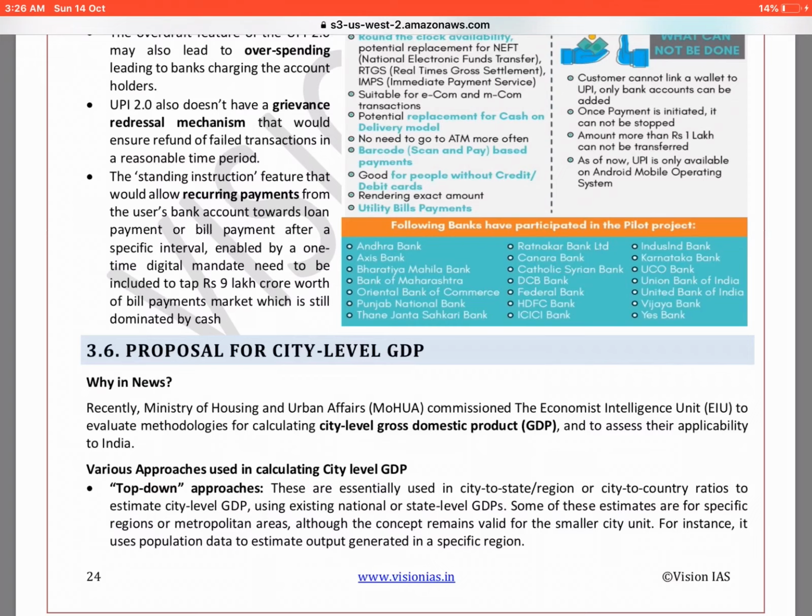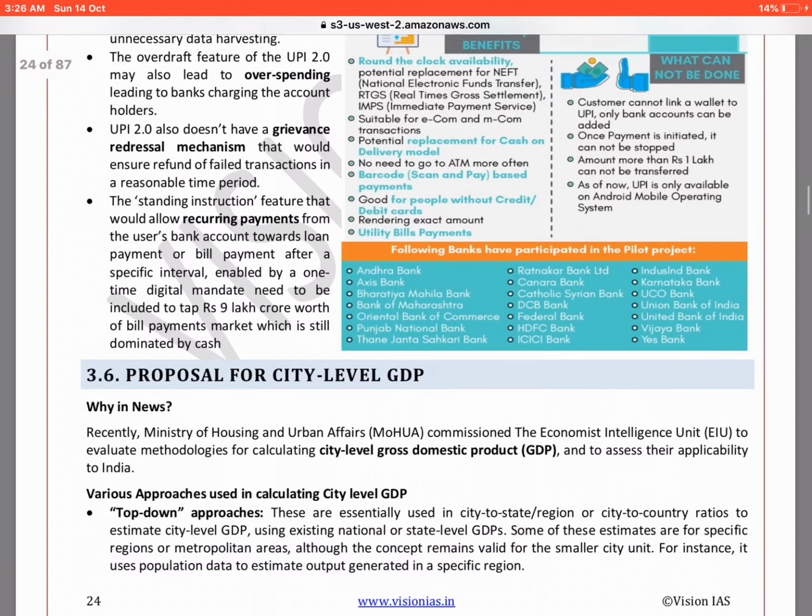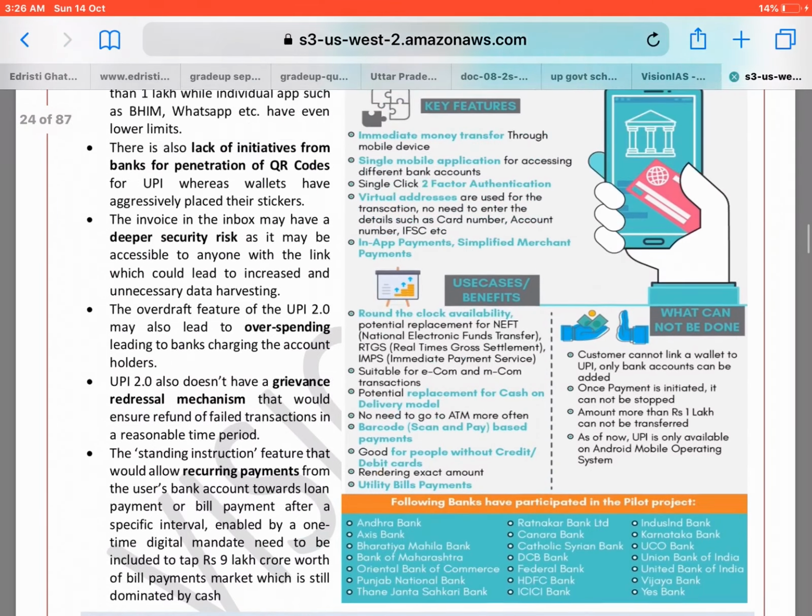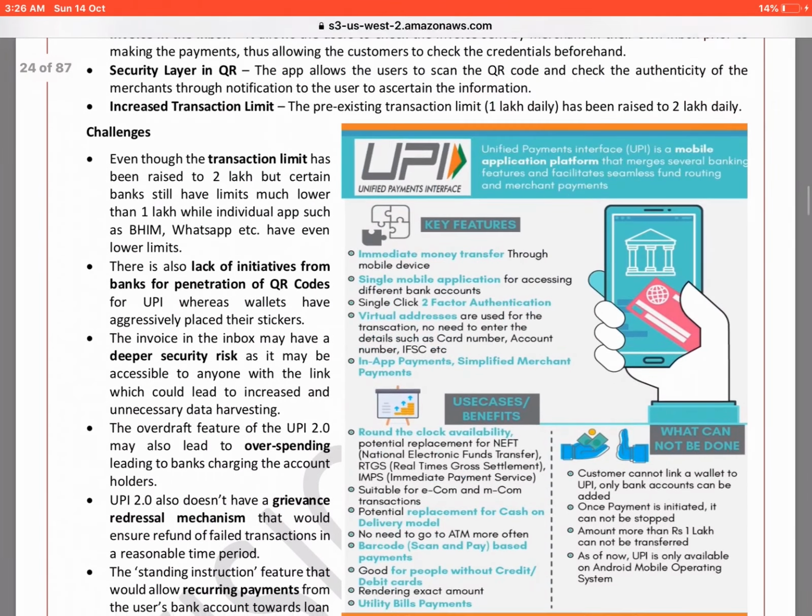Often it happens that people forget to pay their bills, not because they don't have money, just because they forgot. So this recurring payment feature, which is available on the banks' apps and on Paytm and PhonePe also, is not available on UPI 2.0. So you should know about all these challenges and things, because they can ask in the bank interviews and upcoming examinations also.